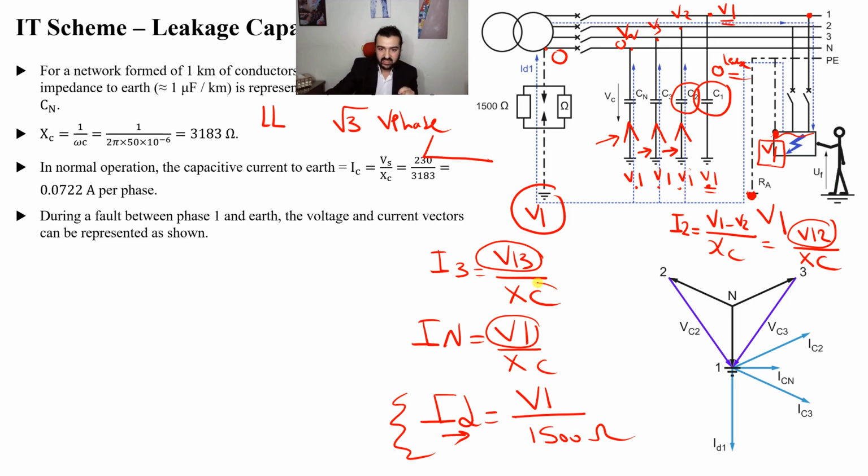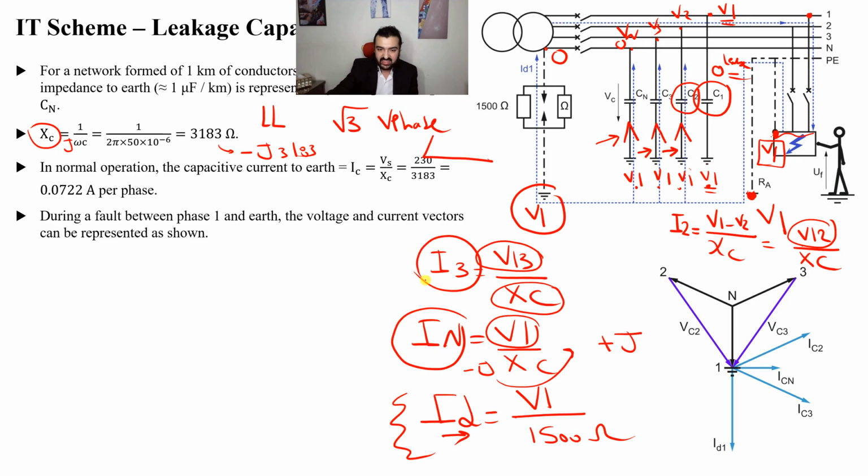Also we have XC itself, which is 1 over j omega C, so this one is negative j 3183. When it is down here as negative j, the current goes up like positive j. So what does this mean? It means that my current here is leading by 90 degrees. Don't worry, I'm going to show you this in the diagram.